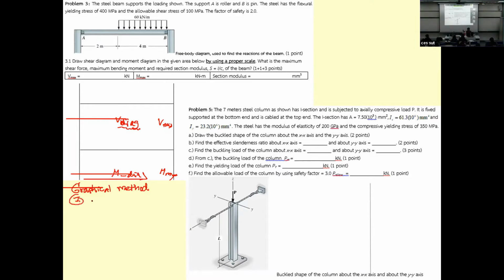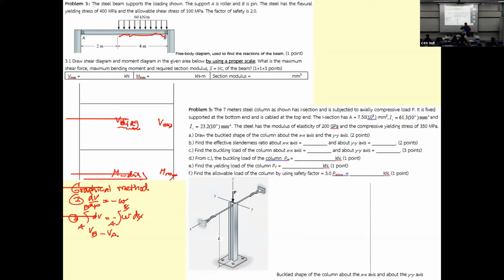Let me remind you, it is dV by dx equal to minus the uniformly distributed load. That means between this first portion, the slope is going to be 0. For the second portion, the slope is equal to minus the loading W. The second one, we write dV equal to minus W dx, and then you integrate from A to B. You get V sub B minus V sub A. What does it mean?